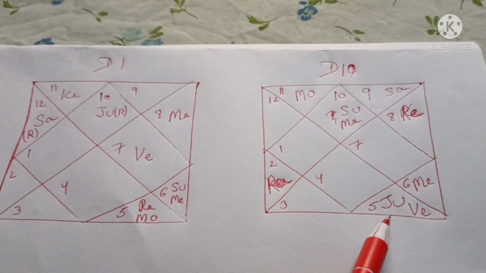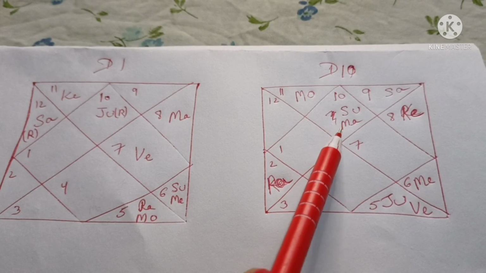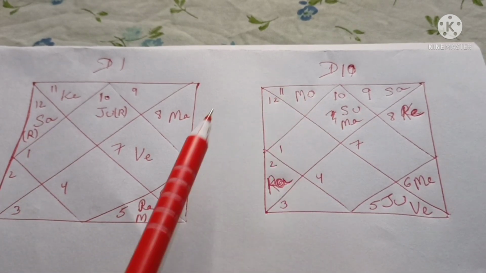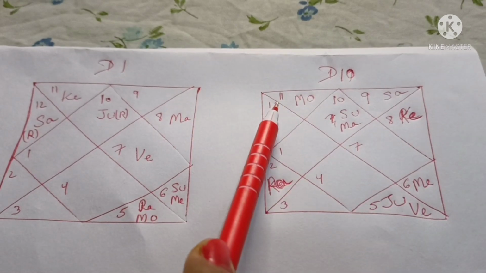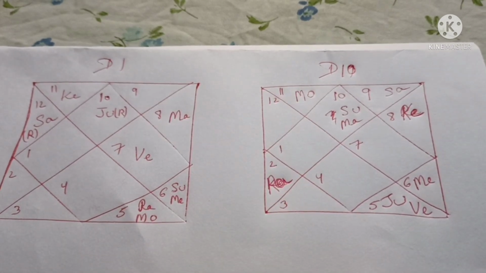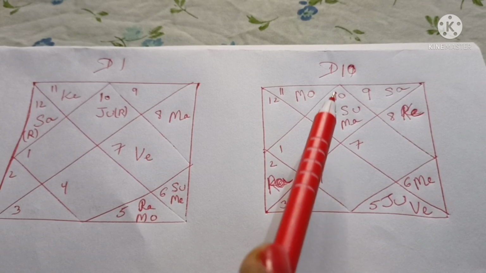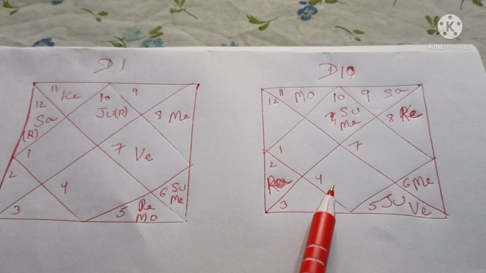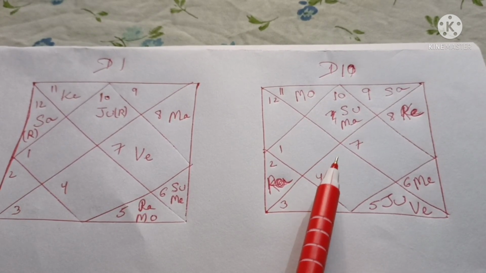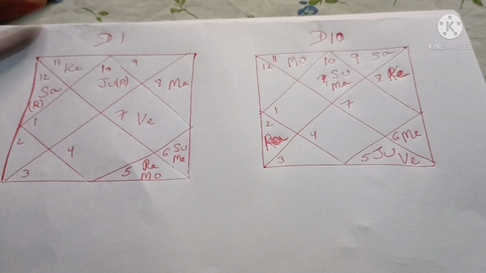As the eighth lord is sitting in the first house, she is now dealing with someone else's money. And now her Moon is in the second house, so she is also earning good money, right? And like I told, this is you and these are other people. So because of other people's money she is earning, so money is coming to her. So this is what it shows, right?